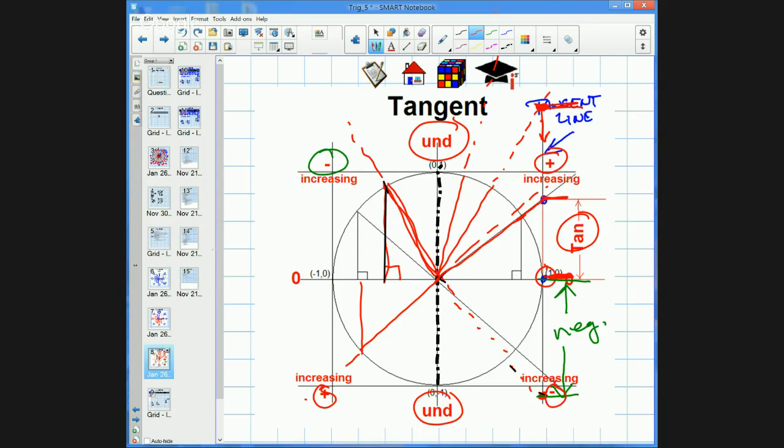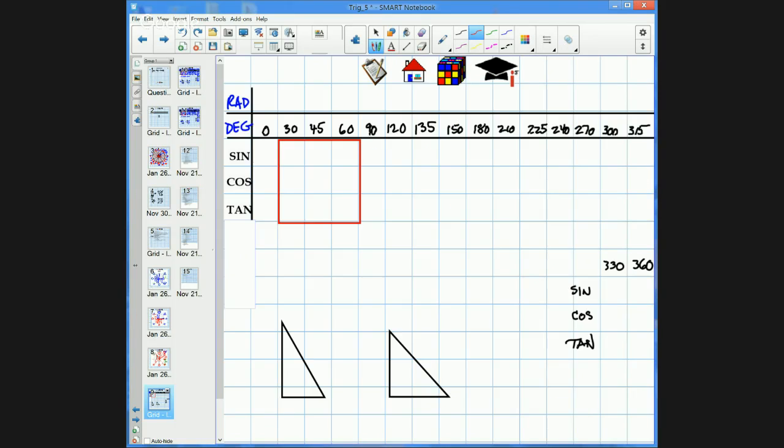All right, so now what I started in class yesterday was filling out this expanded chart. I've now changed it a little bit, and I put the two missing angles, 330 and 360, I've stuck them down here to the right. So I want to go through this process with you one more time.